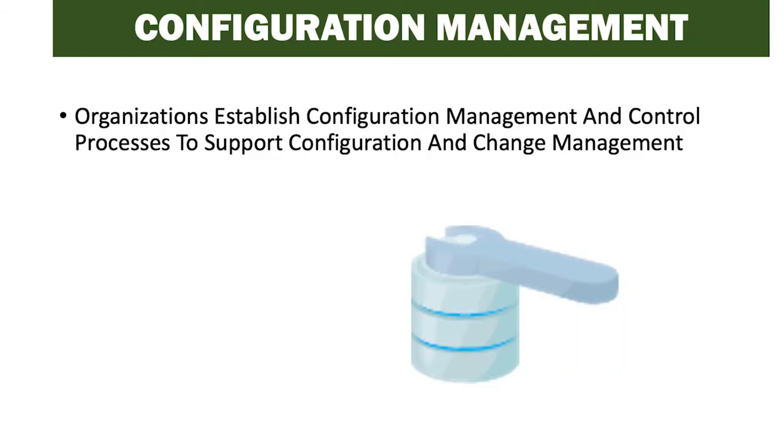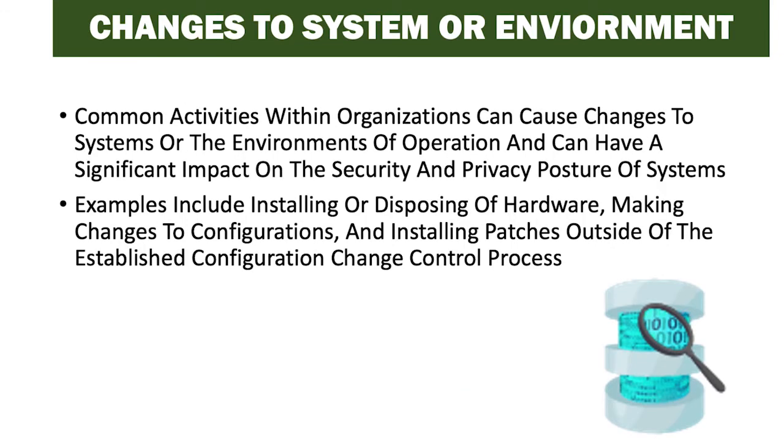Organizations establish configuration management and control processes to support configuration and change management. System changes and changes to common controls should never happen unless they follow an approved configuration and change management process. Someone should be documenting all the changes and approving changes before anything is changed on the system or common control set. Common activities within organizations can cause changes to systems or environments of operation and can have a significant impact on the security and privacy posture of systems.